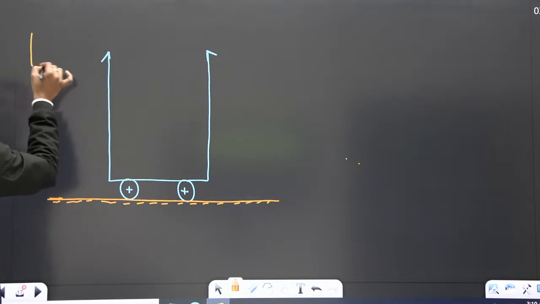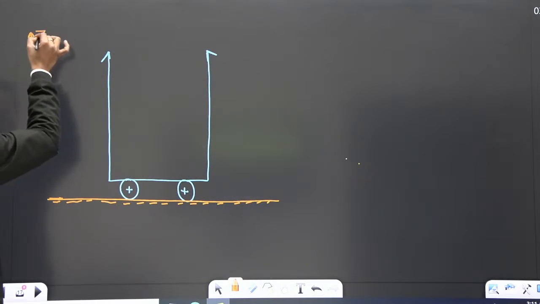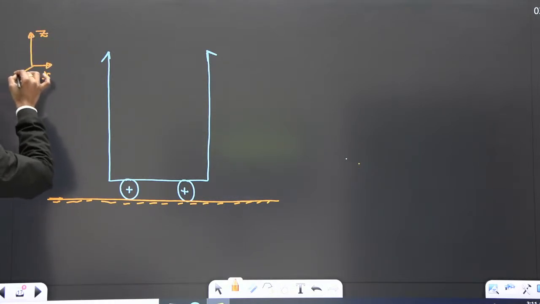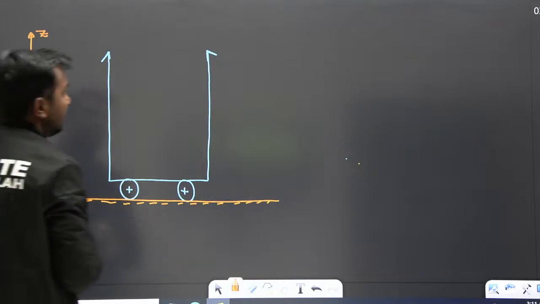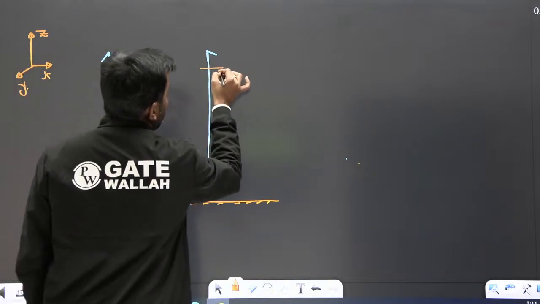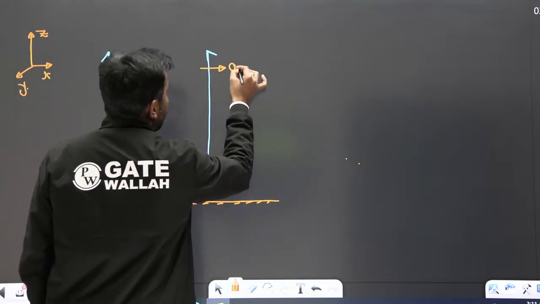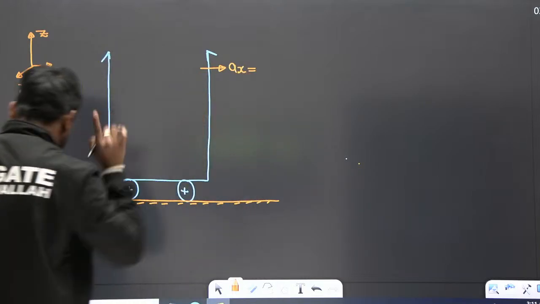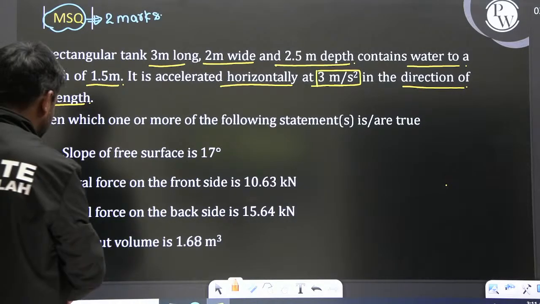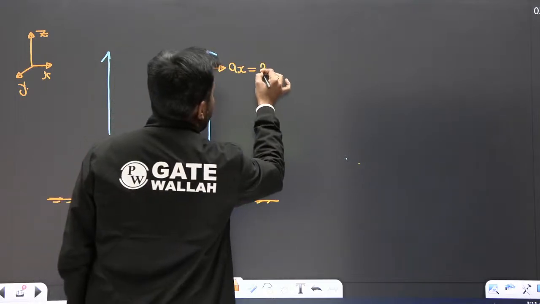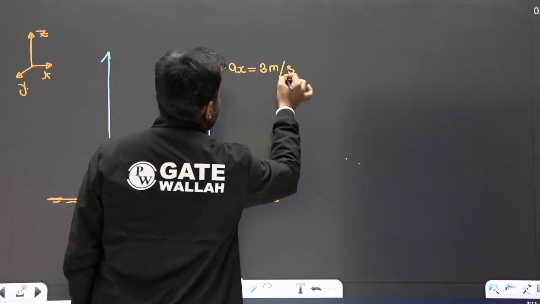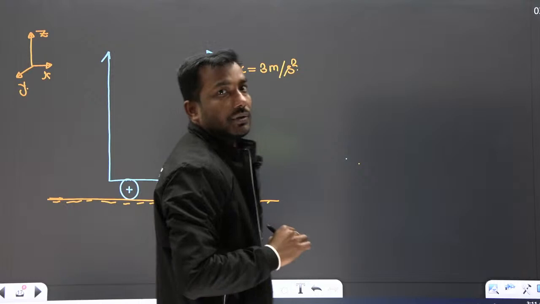I have assumed that this direction is x, and vertical you can say z direction. Let me take this as y direction. So this tank is moving in x direction with an acceleration of 3 meter per second square.